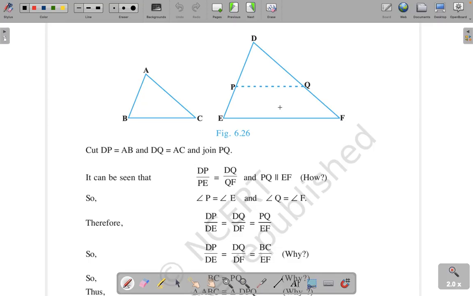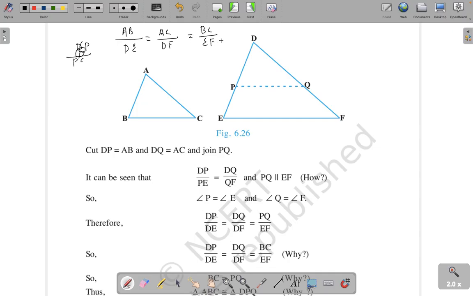Okay, so DP upon PE is equal to DQ upon QF is given. You are given AB upon DE is equal to AC upon DF, and this is equal to BC upon EF.